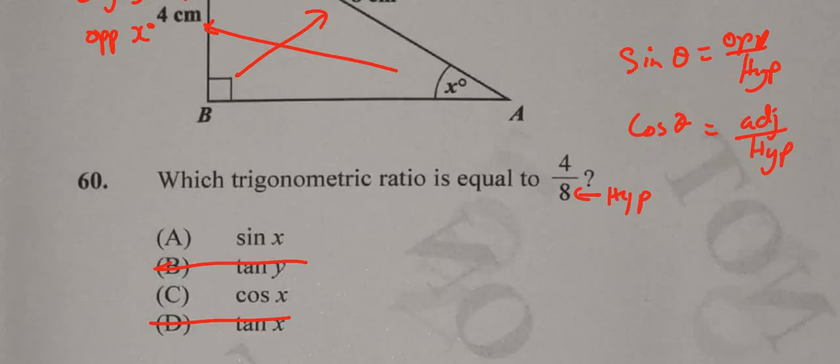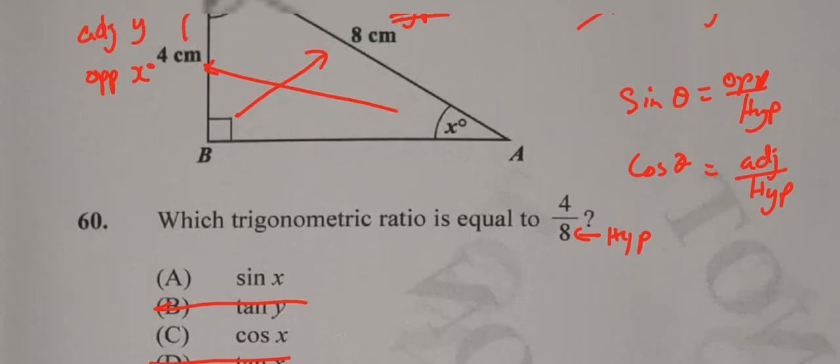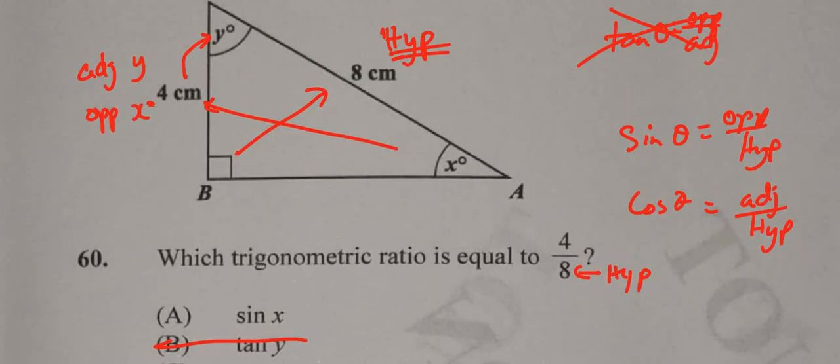Let's see which one of these, sine x or cosine x. Since we're dealing with x, we'll replace theta with x. Sine x will be opposite x, which is 4, over the hypotenuse, which is 8. So that would be sine.